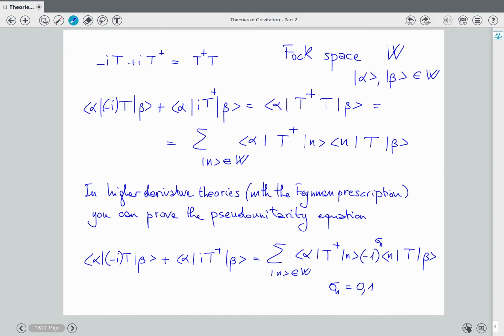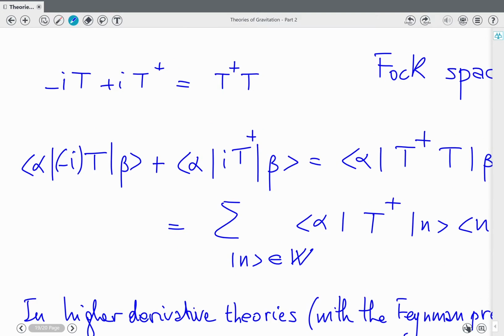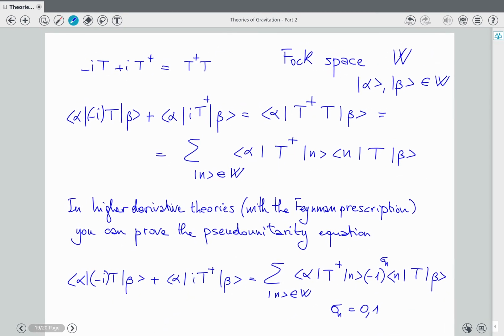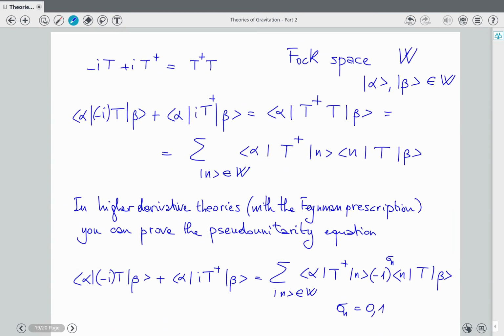And the reason is that the equation here is quadratic, not linear, and therefore it mixes different orders of h bar. So h bar is one loop, h bar squared, and so on and so forth.